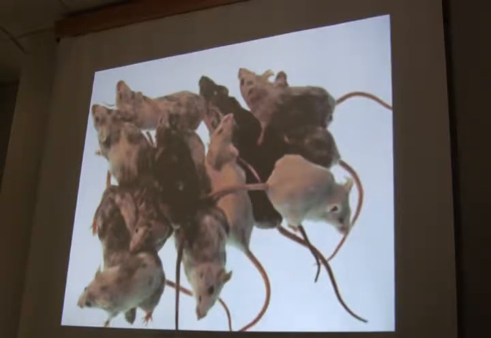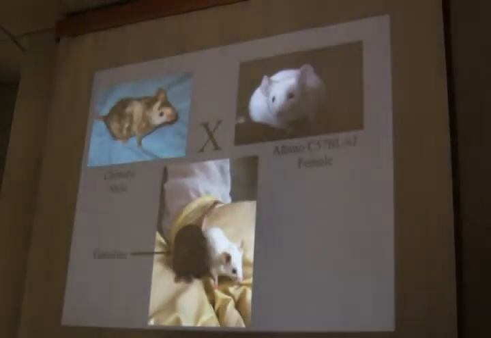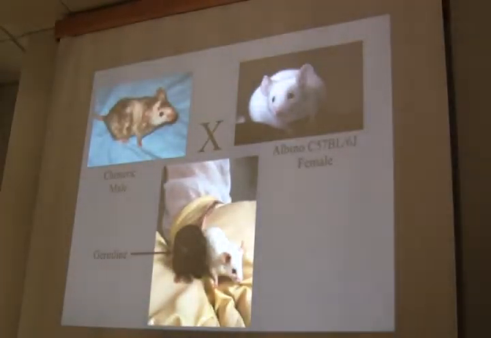And so usually we take the ones that have the most black coat color and breed those to another group of albino females. And if you get black pups born, then you have germline transmission.